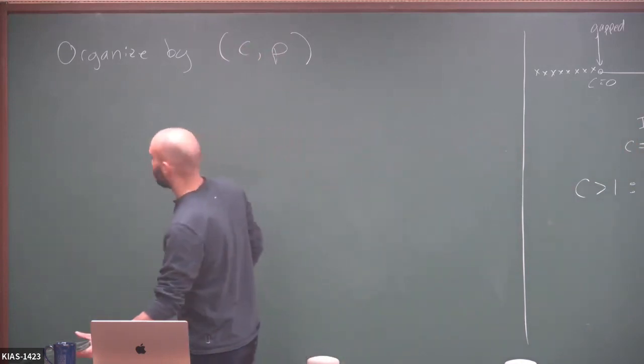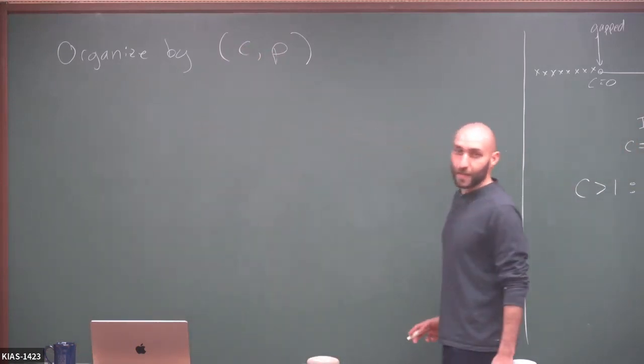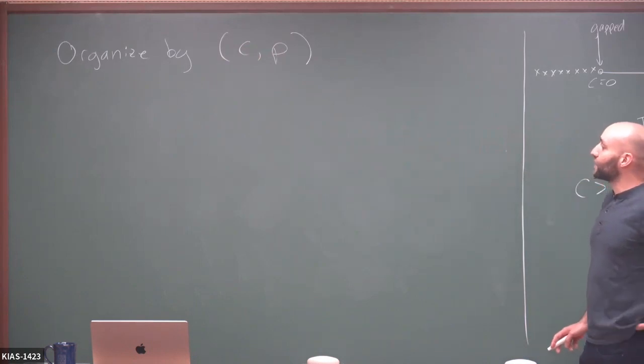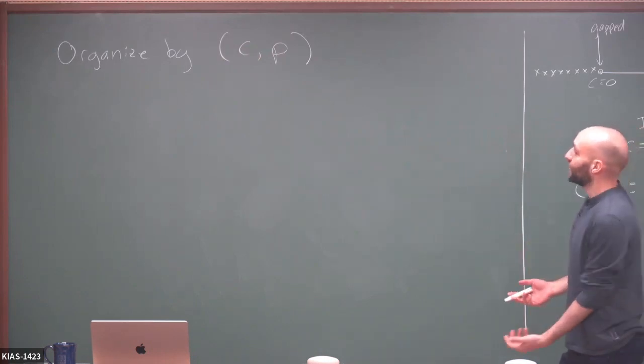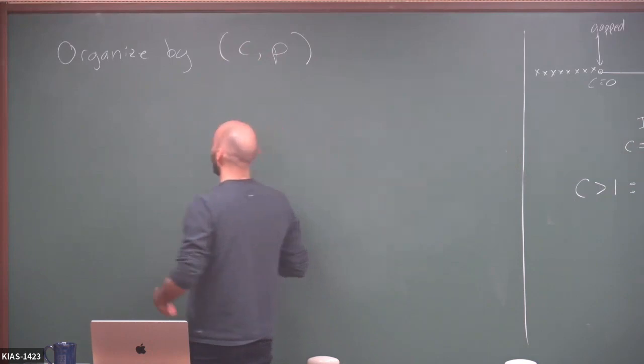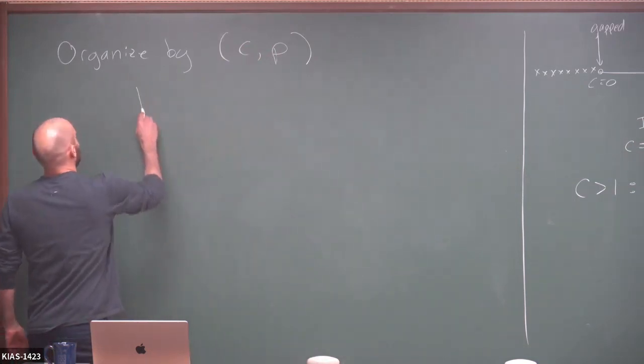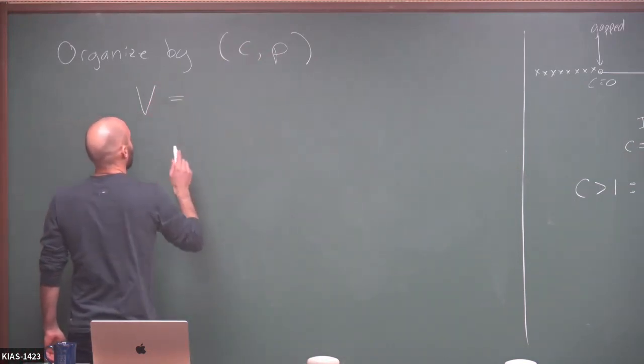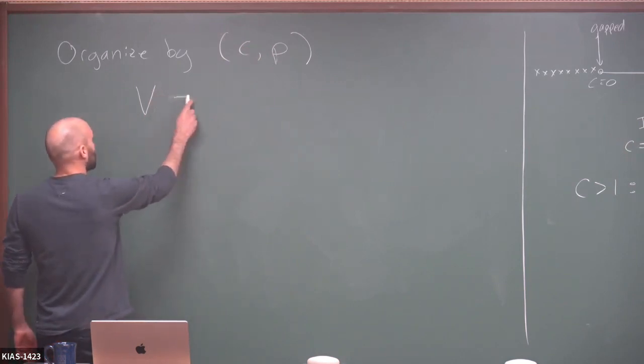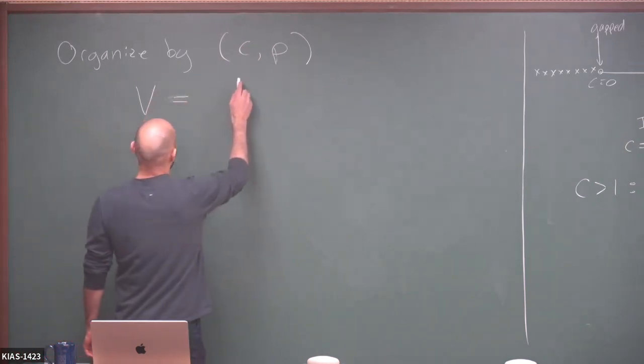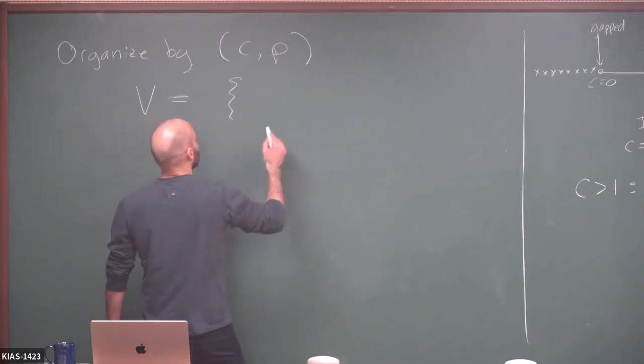So let me remind you that one of the reasons that 2D rational conformal field theories are very tractable is because they have very large symmetry algebras. They have infinite dimensional symmetry algebras. So they're called chiral algebras.